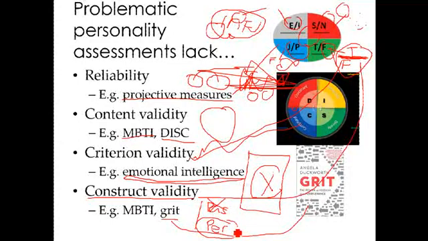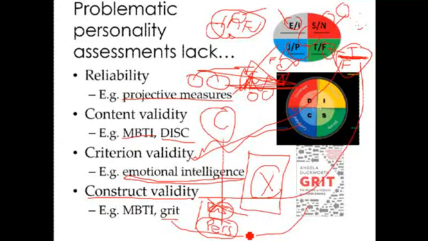Now, if you want to measure persistence, hey, guess what? I've got a measure for you. It's called conscientiousness. It's already there, class. This is old wine in a new bottle. Yeah? Been there, done that. Nothing new in grit. The bit that is new and interesting does not work.